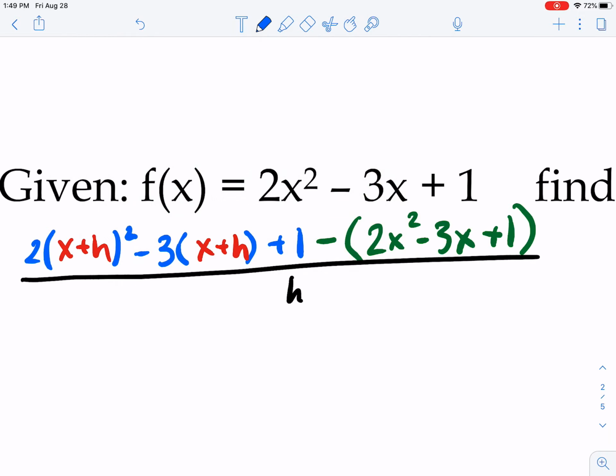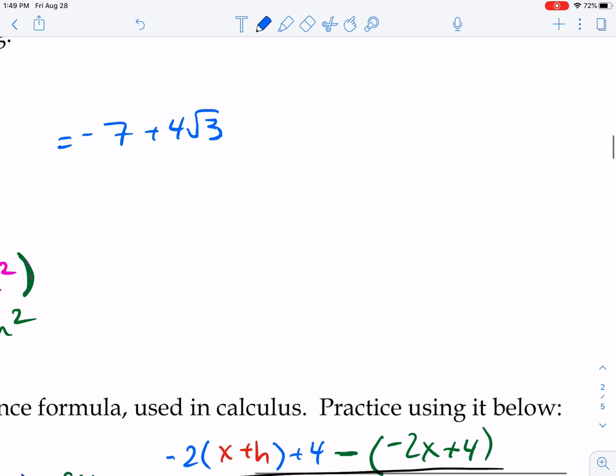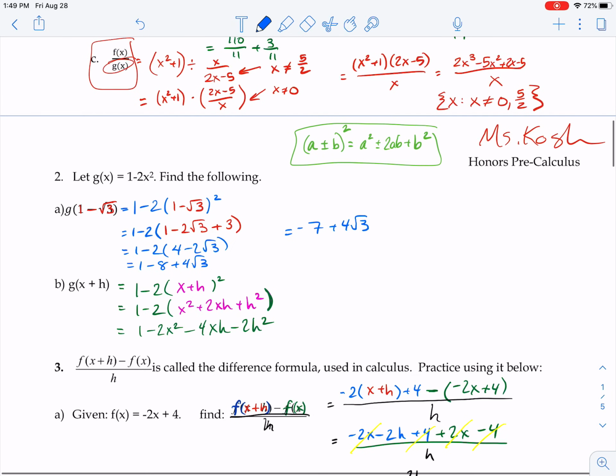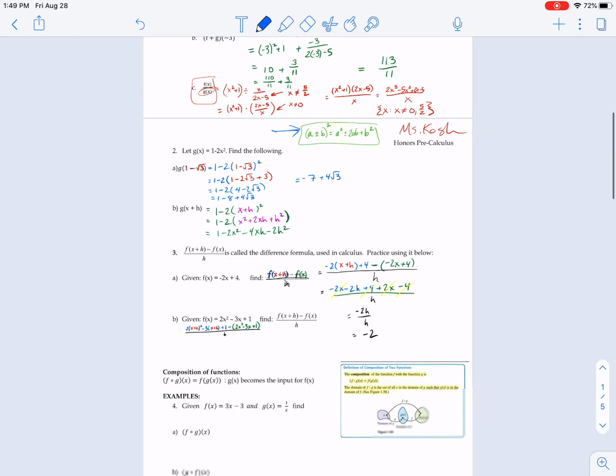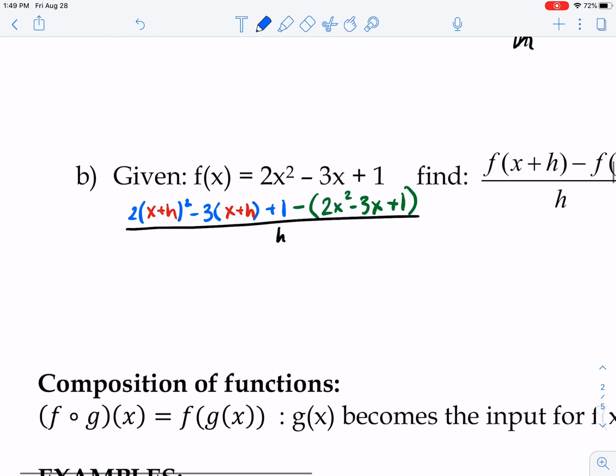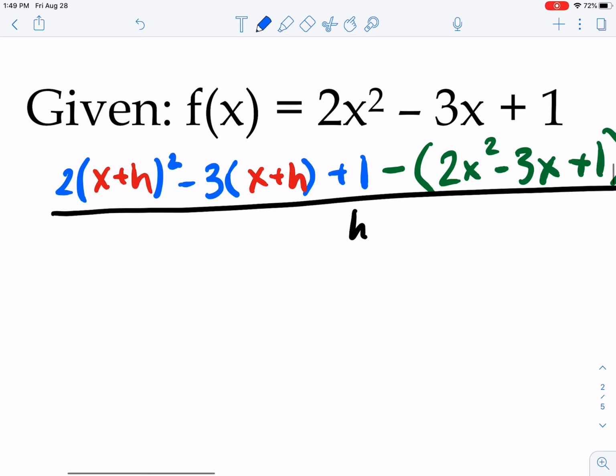Okay, so now we're going to be really glad that we memorized this right here, that a plus b squared. Coming back, this gives me 2x squared plus, it would be 2xh, but we're going to multiply that by 2 and get 4xh plus 2h squared.